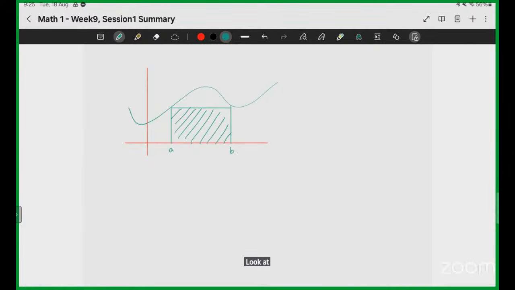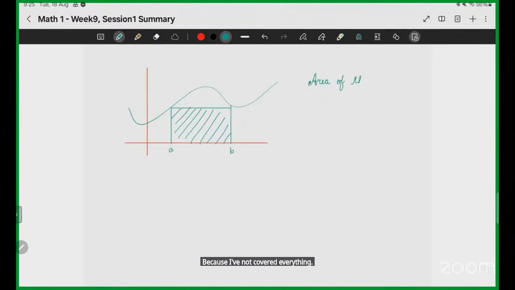Look at the area of this rectangle that is shaded over here. Is the area under the curve greater or lesser than that? Greater. The area under the curve is greater because I've not covered everything.